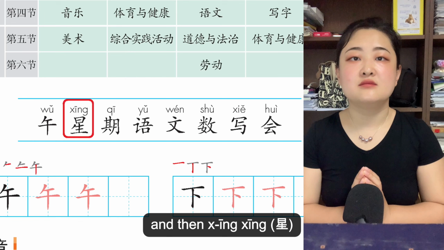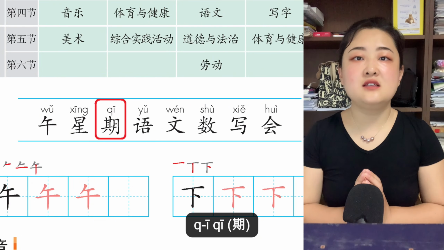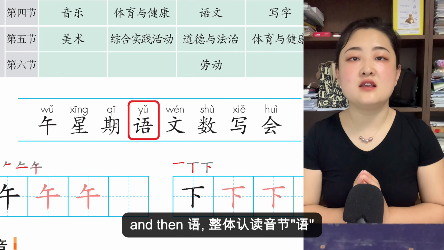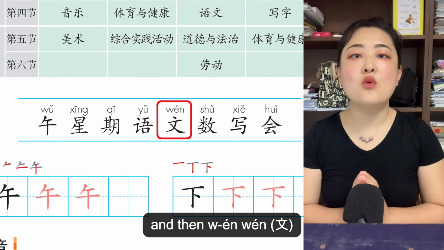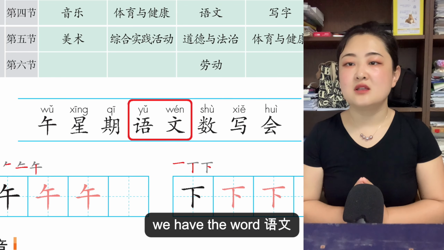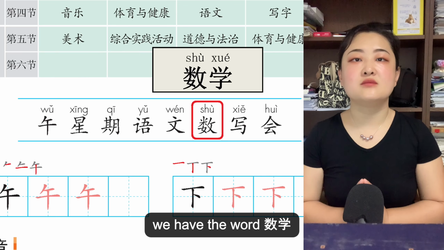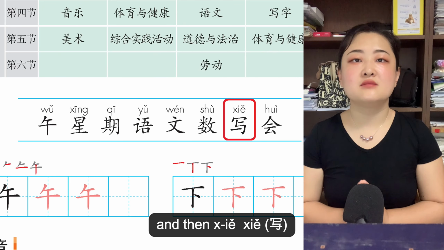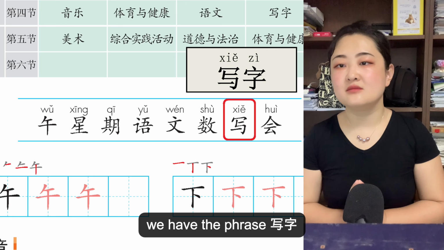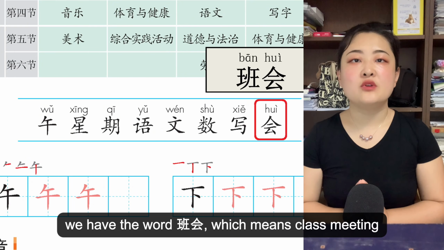And then 星，星期. We have the word 星期. And then 雨，整体认读音节雨. And then 语文. We have the word 语文. And then 数. We have the word 数学. And then 写字. We have the phrase 写字. And then 班会. We have the word 班会 which means class meeting.